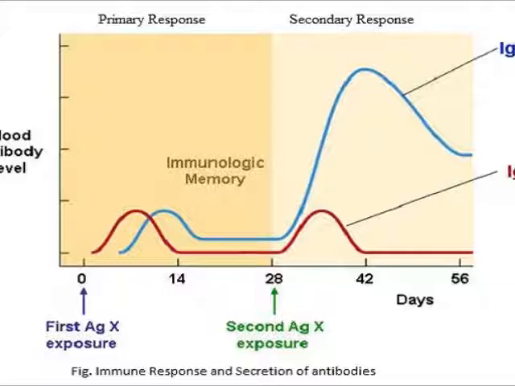So just some key differences here between the two responses. The primary response occurs as a result of primary contact, that is to say first contact with an antigen. The secondary immune response occurs as a result of subsequent exposures to that same antigen.